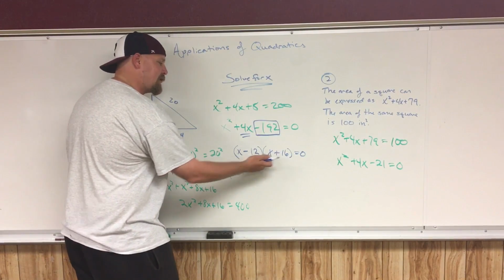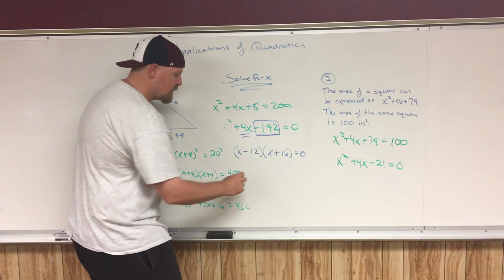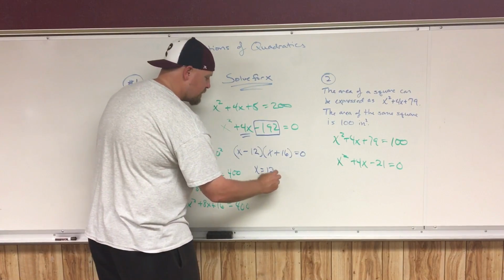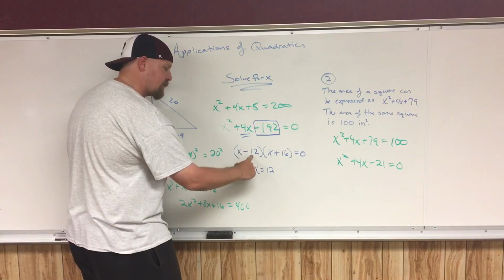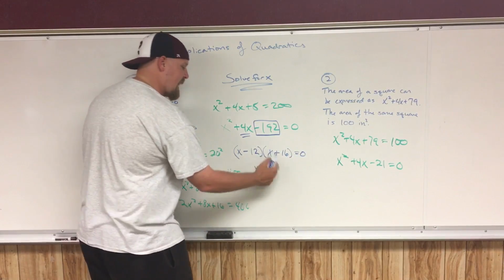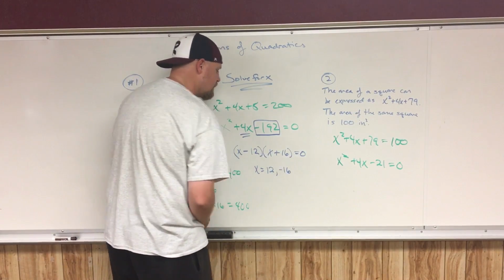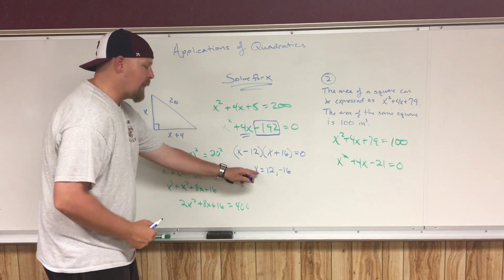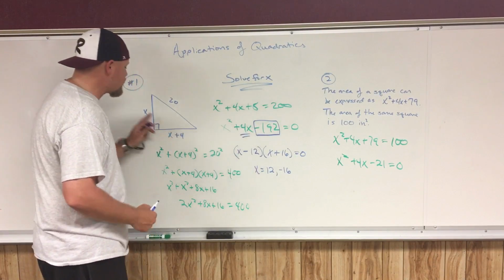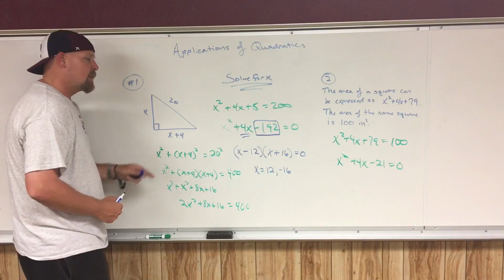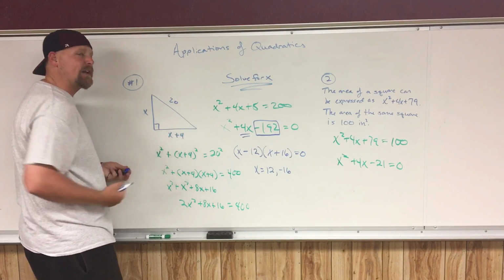Right here you set each factor equal to 0 and solve for x. Well, x here is 12, and then negative 16. Now when we apply this, we plug in 12 for x, and then we get 12, 16, and 20. Well, that sounds good.